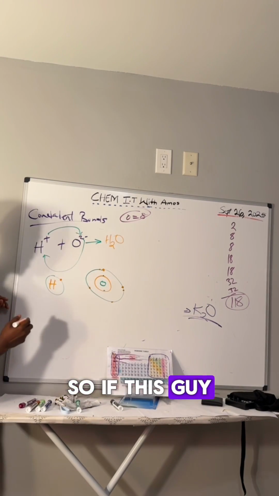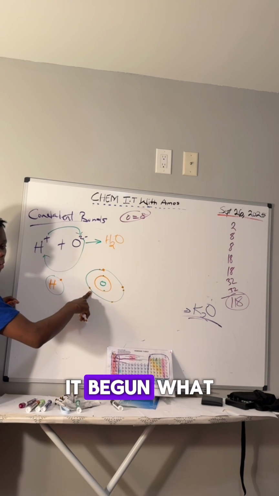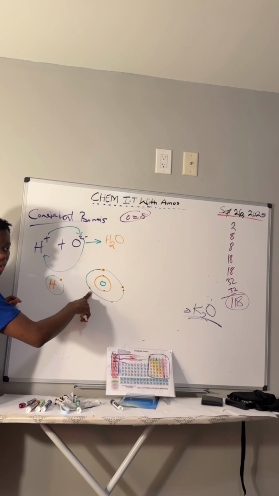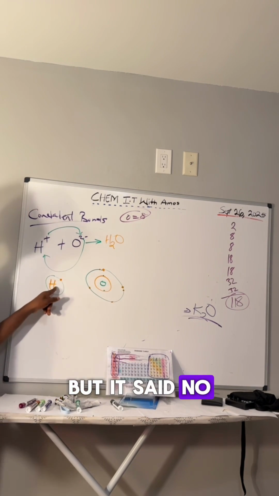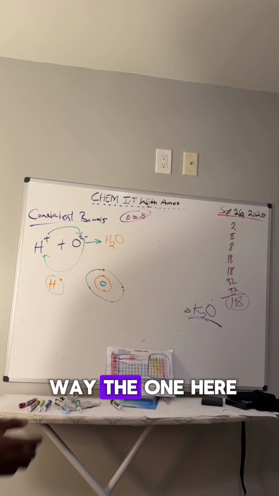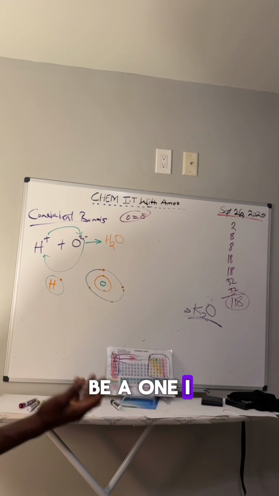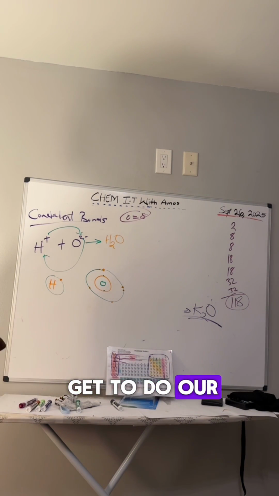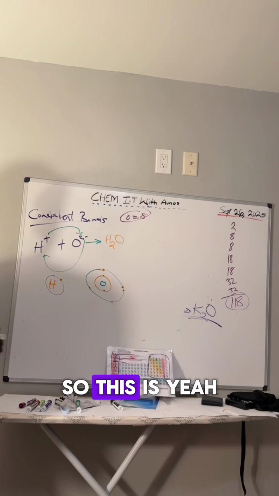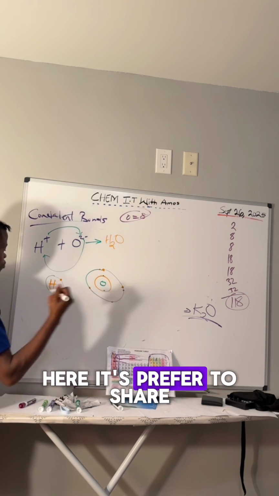So if this one takes this 1 and gets into this one here, it becomes 7, right? But it said no. If I give away the 1 here, I will be left with nothing. So it is better we share. If you get 1, I get 1, we can share it. Then we get 2 each. So the H here, can you see right here, H prefers to share.